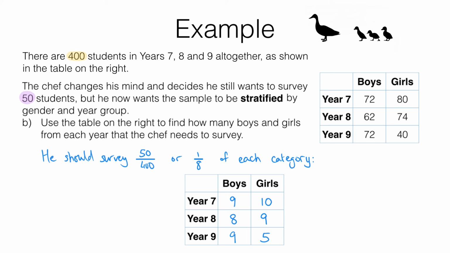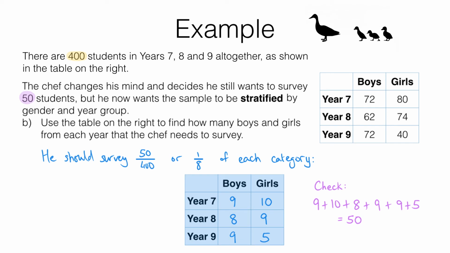And we can do a quick check. 9 plus 10 plus 8 plus 9 plus 9 plus 5. If you add all of those up, does equal 50, which is exactly what we want. So here we have our answer.